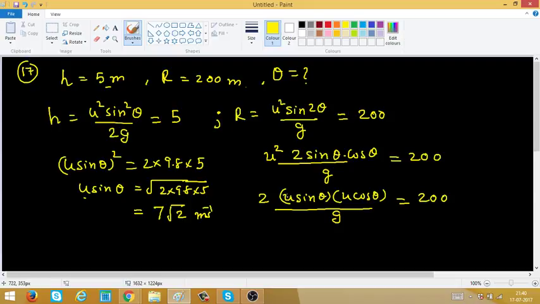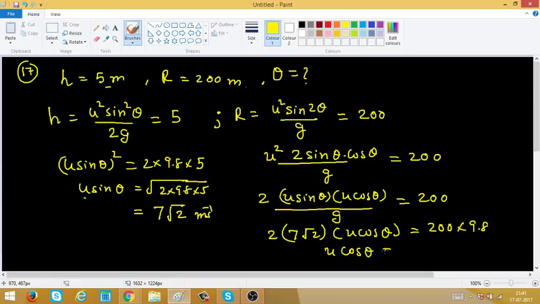Now the value of u sine theta we have already found, so 2 into 7 square root of 2 into u cos theta is equal to 200 into 9.8. This g comes over here.